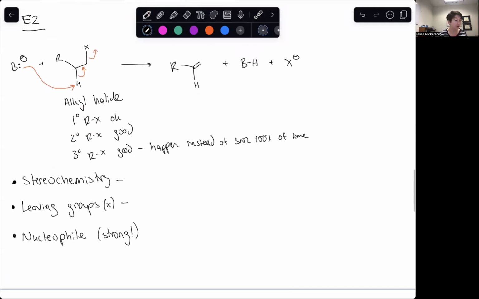If we're looking at the other characteristics of an E2 reaction, we're looking at stereochemistry. This is a little bit weirder, where the H and the leaving group have to be anti-periplanar. All that means is that they need to have a 180-degree dihedral angle between them.